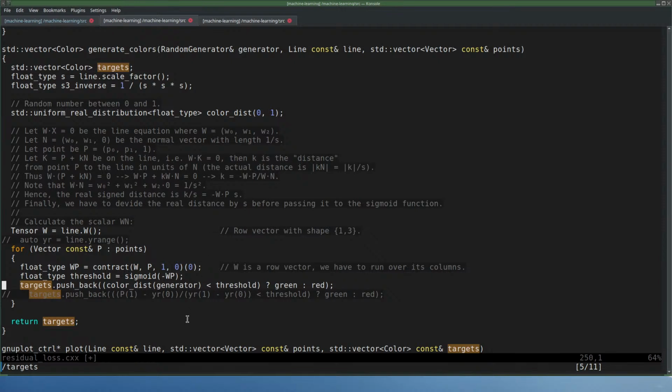Now, if the output of the sigmoid is the probability that something is green, that means that if it is 1, then that should always be green. And color dist is a random number between 0 and 1. So yeah, it's always less than 1. If threshold is 1, so and that is green.